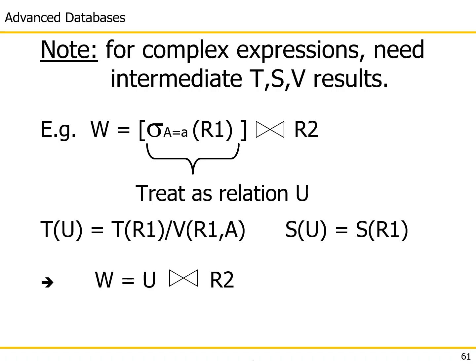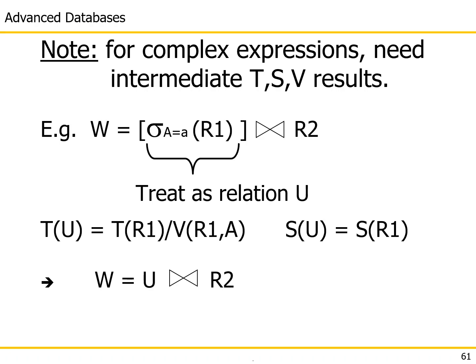I want to estimate the result set coming out from this expression. So this is going to be 1 over the number of unique values in A, R1.A, multiplied by the total number of rows in R1, TR1.